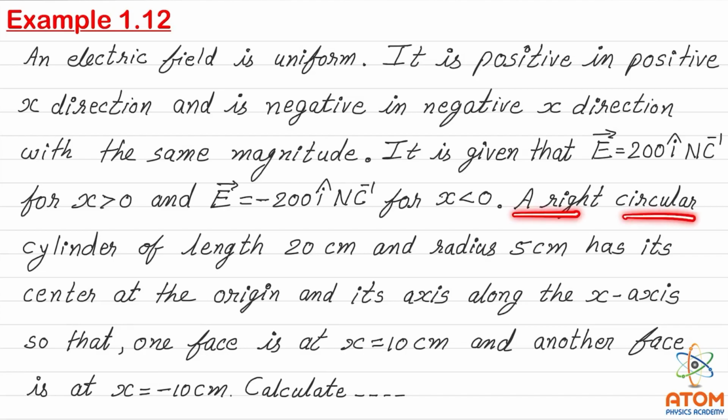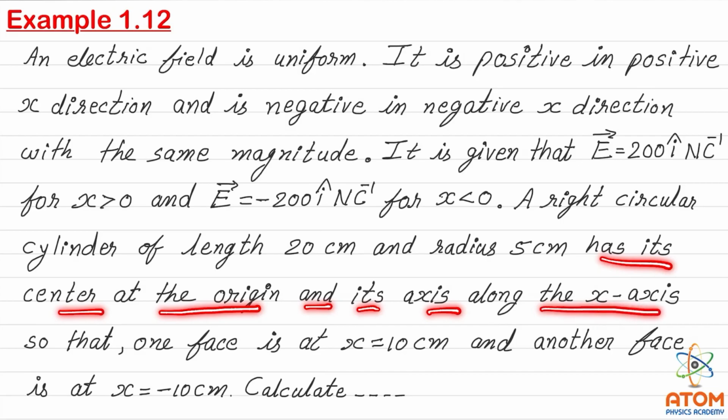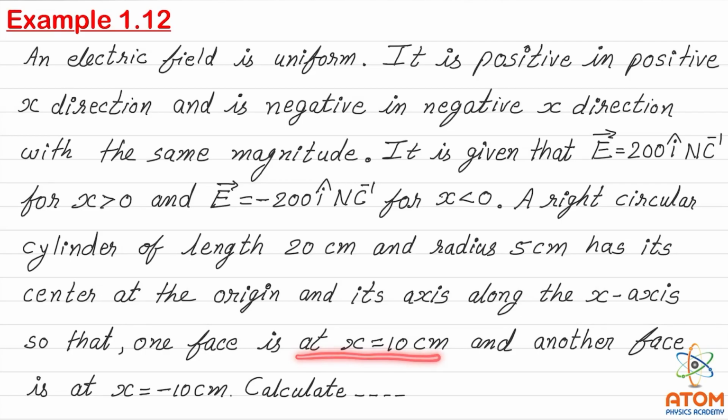A right circular cylinder of length 20 centimeter and radius 5 centimeter has its center at the origin and its axis along the x-axis, so that one face is at x equal to 10 centimeter and the other face is at x equal to minus 10 centimeter.